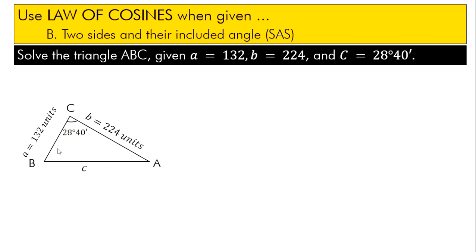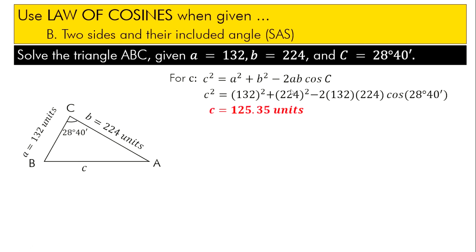Let's identify first the side C. Just substitute to the formula: C squared is equal to A squared plus B squared minus 2AB cosine C. Substituting the sides and angle C, we have 132 squared plus 224 squared minus 2 times the quantity of 132 times 224 cosine 28 degrees 40 minutes.